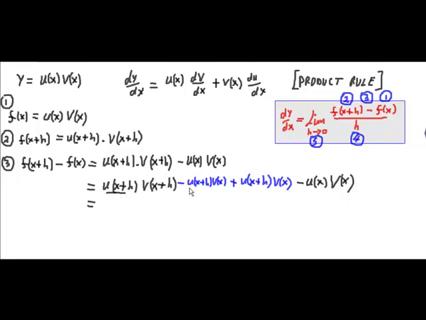So u(x+h) comes out, into what's left, v(x+h) minus v(x), and we can do the same with the next two terms, plus if we take out what's common here, which is v(x), so v(x) into u(x+h) minus u(x).